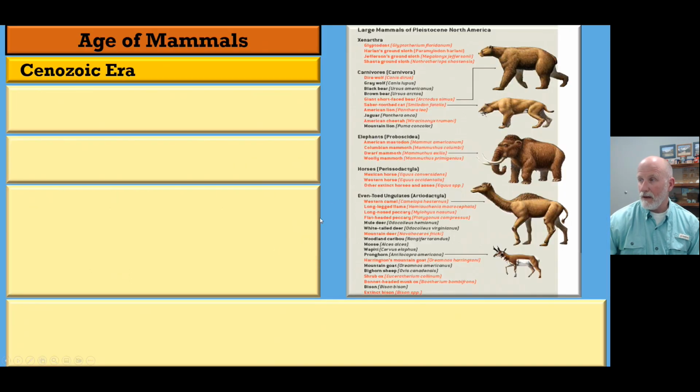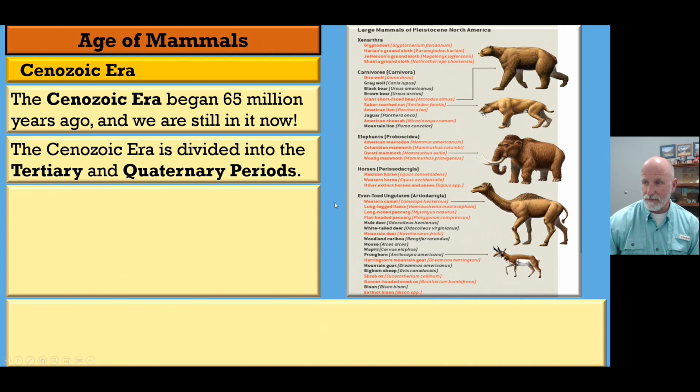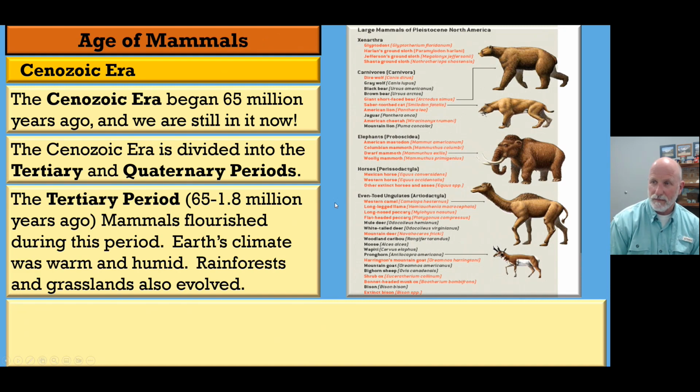Okay. Now then, the age of the mammals, which led to all the mammals on the Earth, from some pretty hefty looking ones to what we see more today, lions and tigers and bears and all. This is the Cenozoic era. It began about 65 million years ago, and within it you have the Tertiary and Quaternary periods.